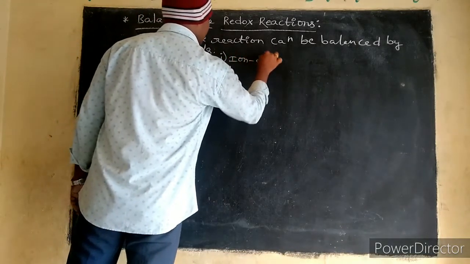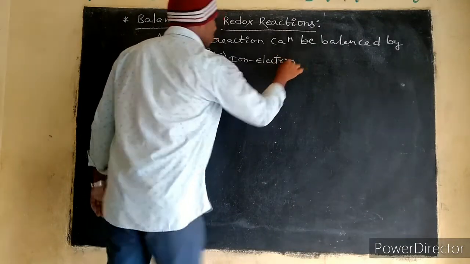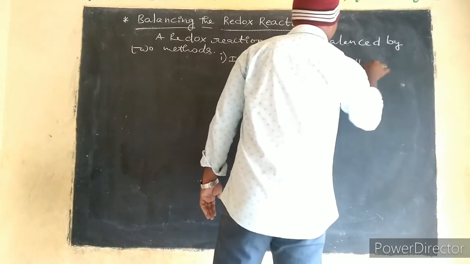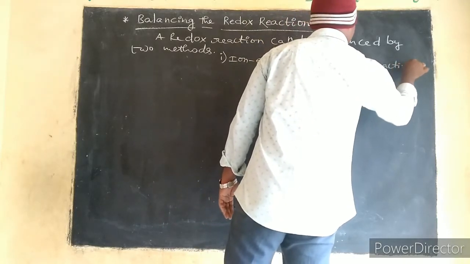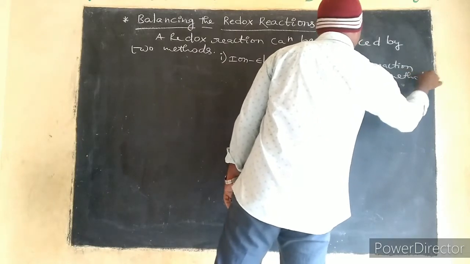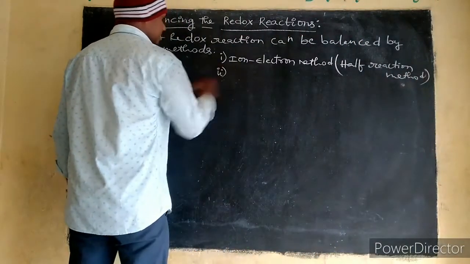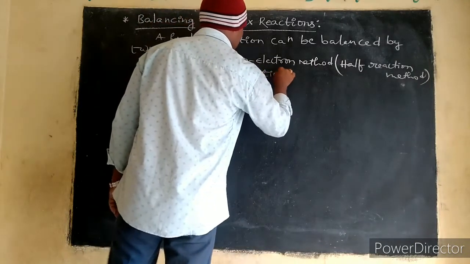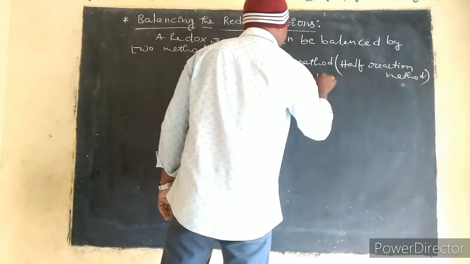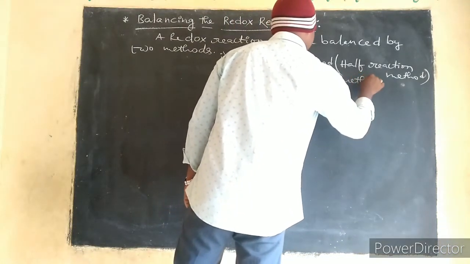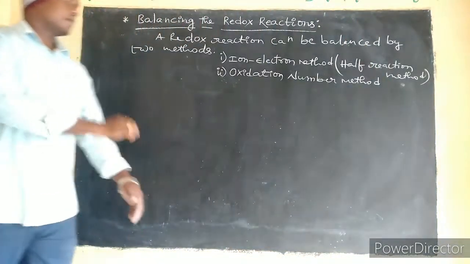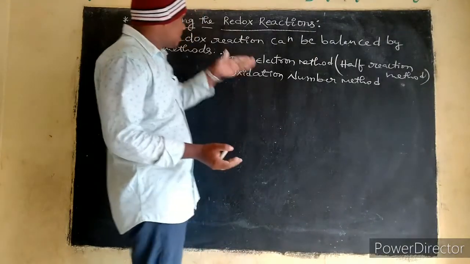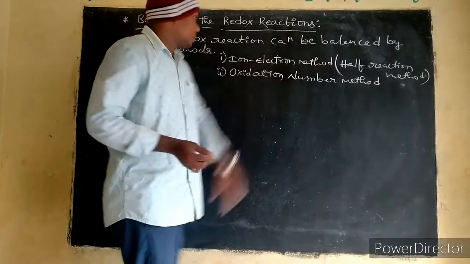The ion electron method, that is the half reaction method, and the second one is the oxidation number method. Now we are going to discuss the rules of the ion electron method.